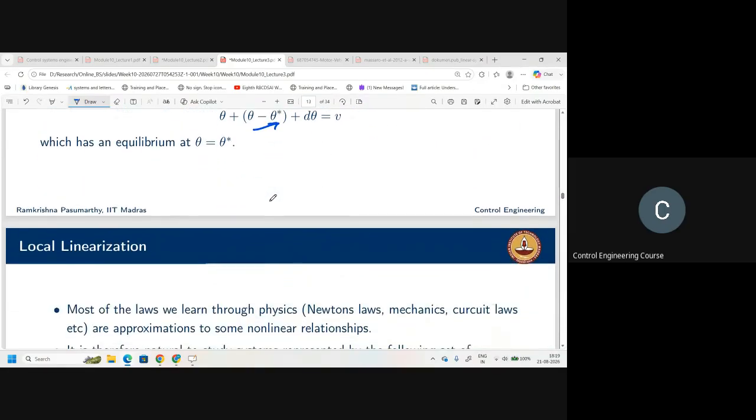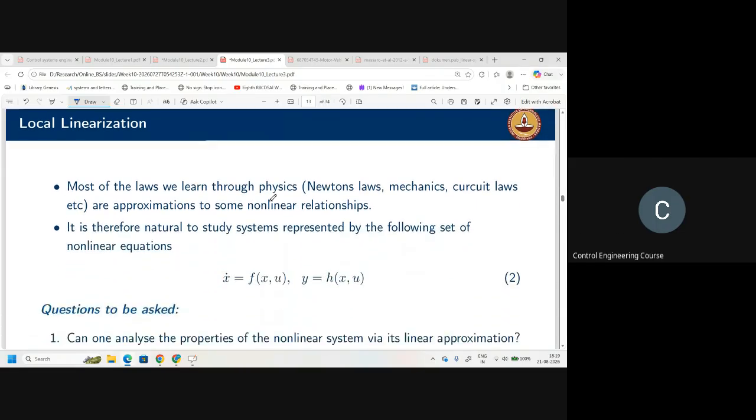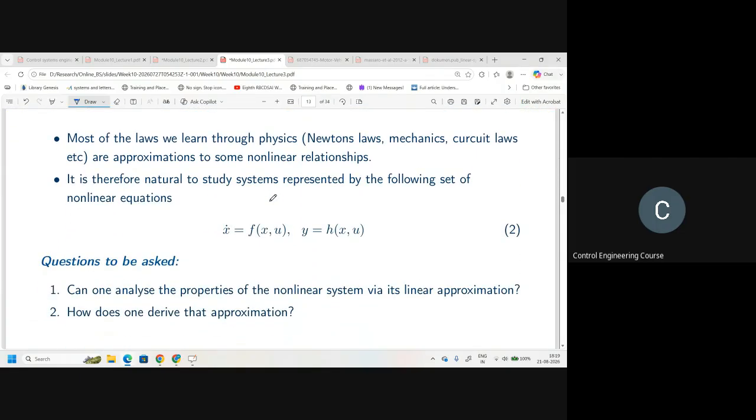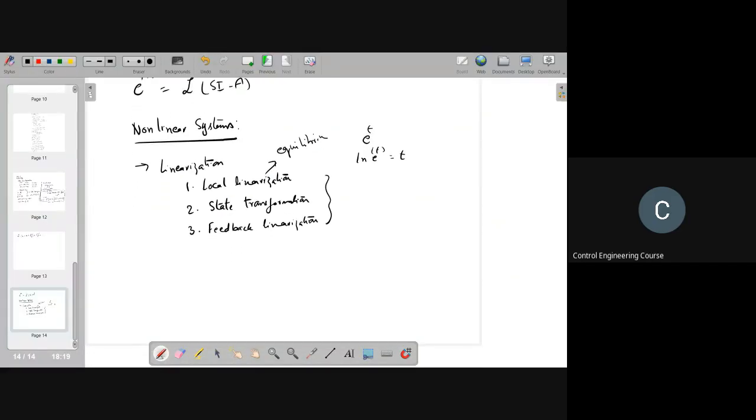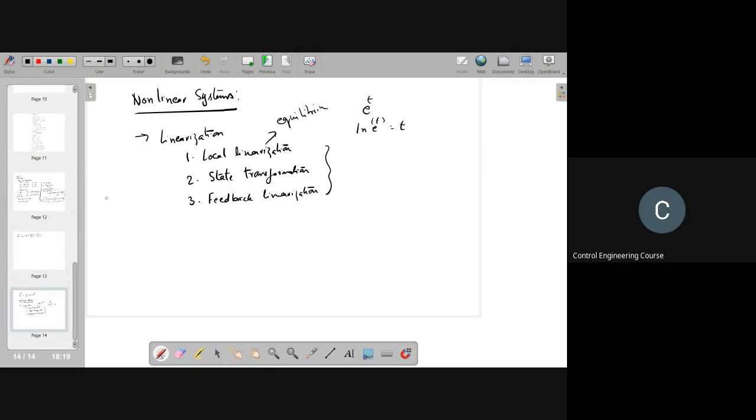Then we will go to local linearization. Suppose we are given a system x dot equal to f of x comma u, and your y is some nonlinear function h of x comma u.